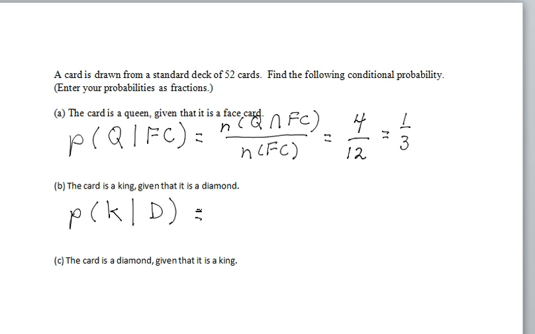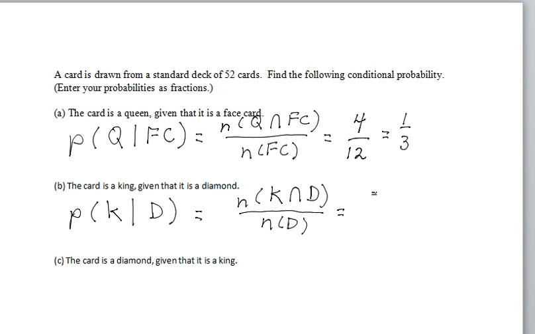Again, one card with 2 attributes. So this is the number of cards that are both kings and diamonds divided by the number that are diamonds.